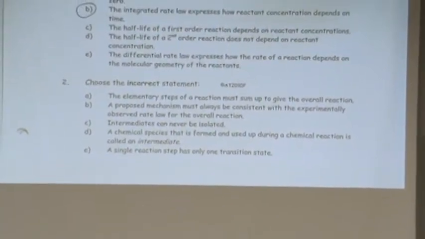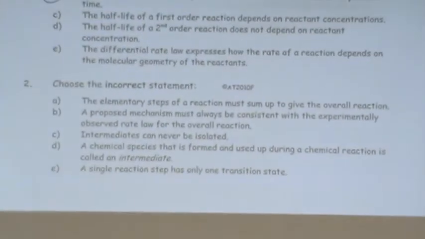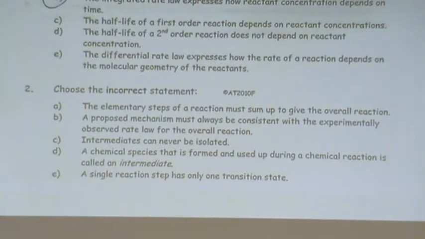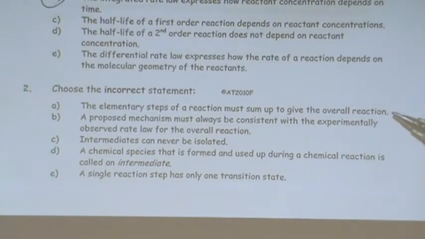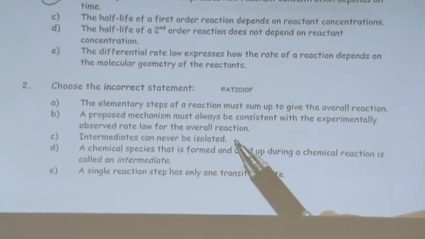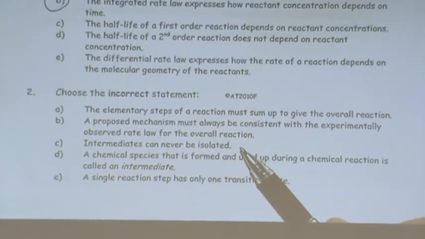So in this case, it's incorrect. The elementary steps of a reaction would sum up to give the overall reaction. That's correct. That's one of the requirements to have a correct mechanism, right? Remember, we said yesterday, a proposed mechanism must always be consistent with the experimentally observed rate law for the overall reaction. Absolutely.